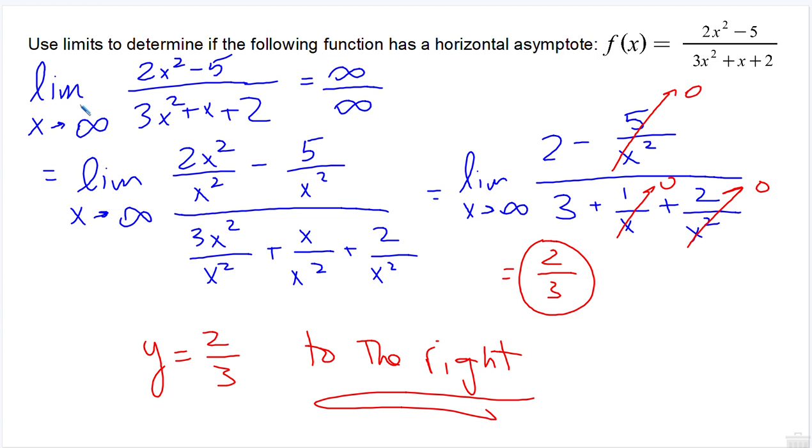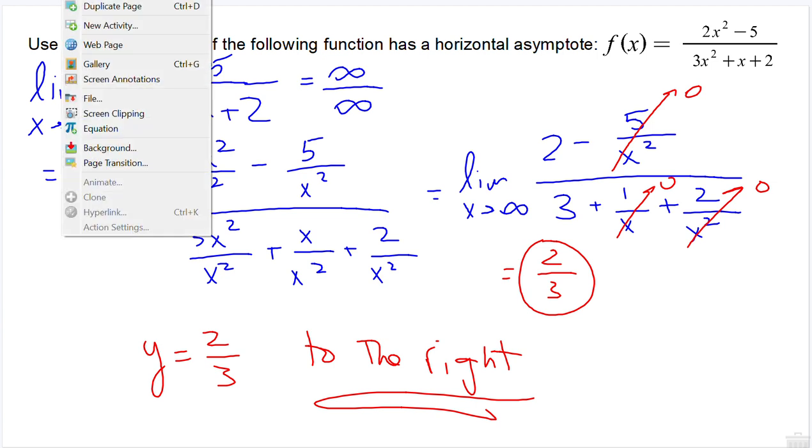Some functions might have a horizontal asymptote in only one direction, or they might have different horizontal asymptotes in different directions. So we really do need to look at what's going on as we approach negative infinity. And anytime you're asked to find all of the horizontal asymptotes of any function, you have to show a limit towards infinity and a limit towards negative infinity.